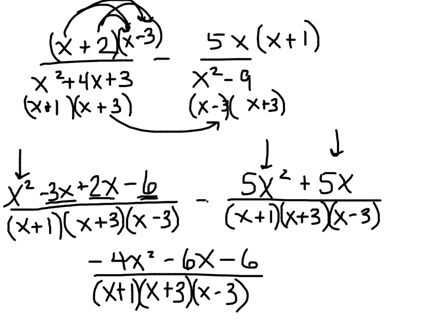Now, the other thing about this problem, before we go any further, is the top can factor. And in some cases, you might want to factor it in order to see if anything cancels, because after all, it is a fraction. So if I take out a negative 2, that gives me 2x squared plus 3x plus 3.